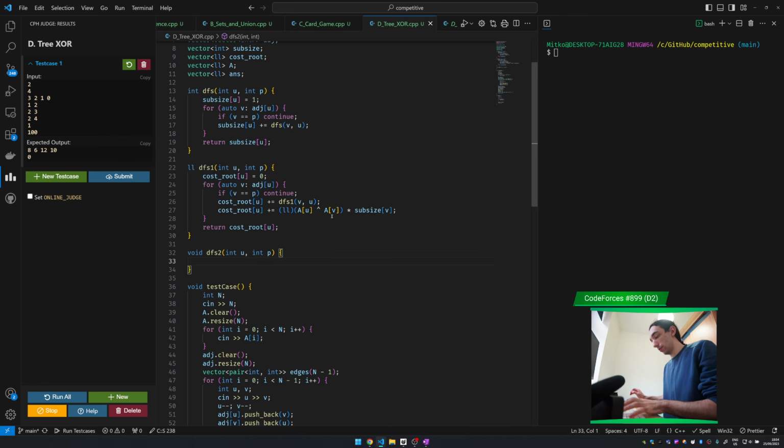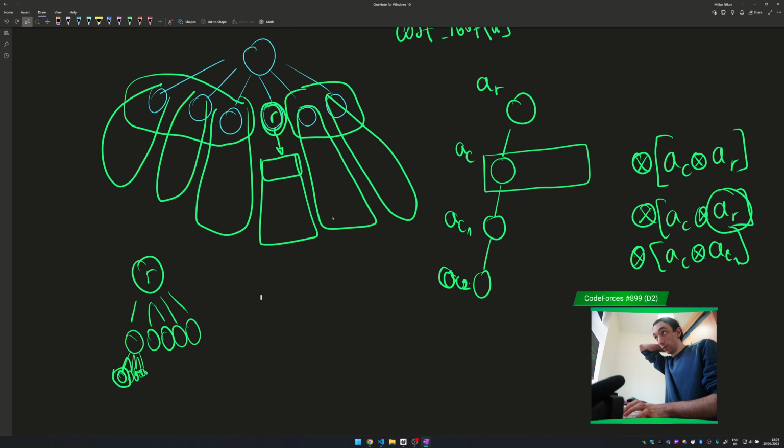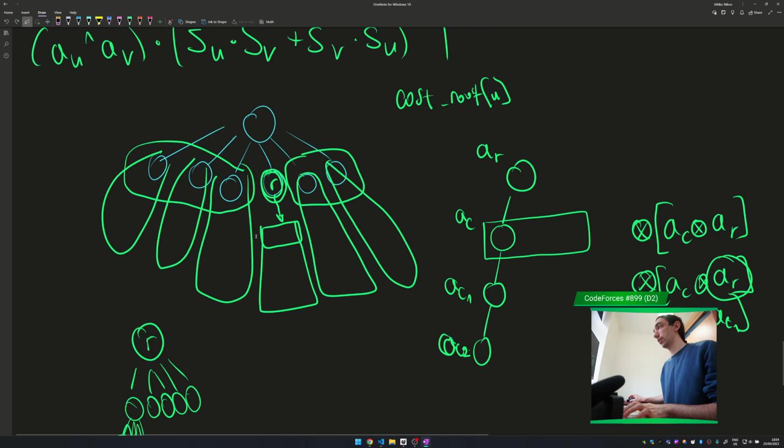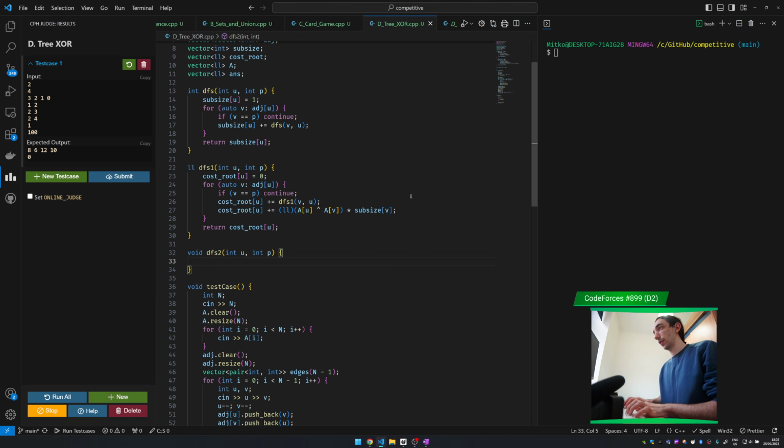But DFS2 says the following. What if, so says the following, okay, so I have this cost below, but I don't know what is the cost for, so what if, okay, so this node, and I'm dividing it in this node. I say, what is the cost? I say the following thing.